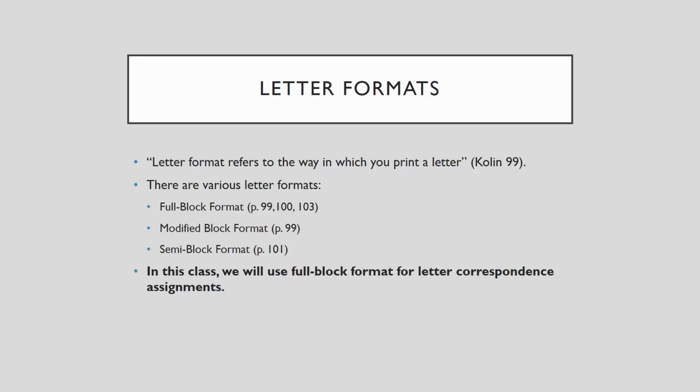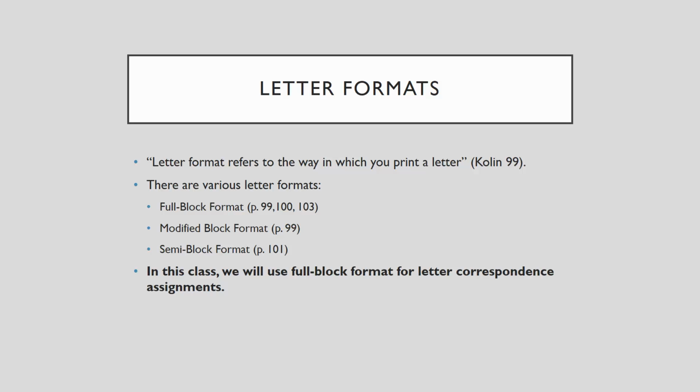But again, we're using full block format. That's the only one we're going to use. We'll look at the third option just so that you're aware of it. The semi-block format letter, and an example of that, where it talks about it on page 101, the semi-block format is just like the modified block format letter that we just looked at, but with the semi-block format, you do indent the paragraphs, okay? So with the modified block format, everything is still aligned to the left margin except for those sections that we mentioned, right?